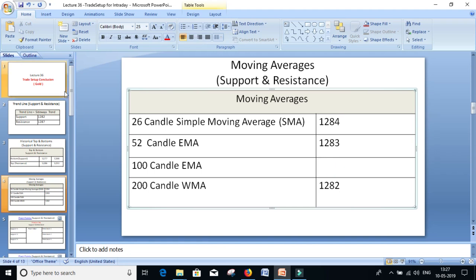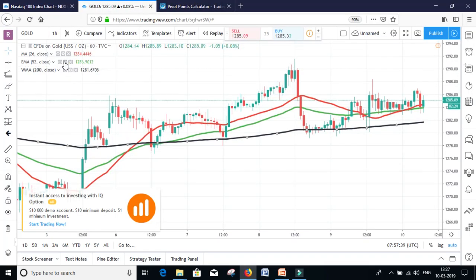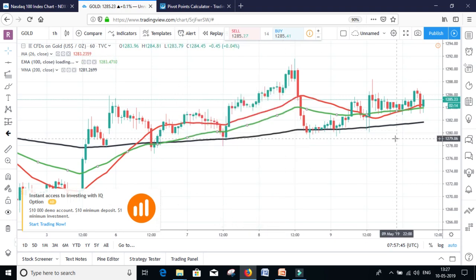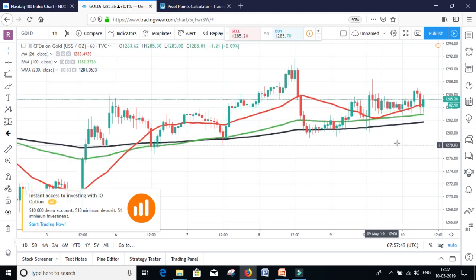And now we put another, the 100, also. By just editing this, we click 100, and that is OK. And the 100 over there, that trend line is 1282.